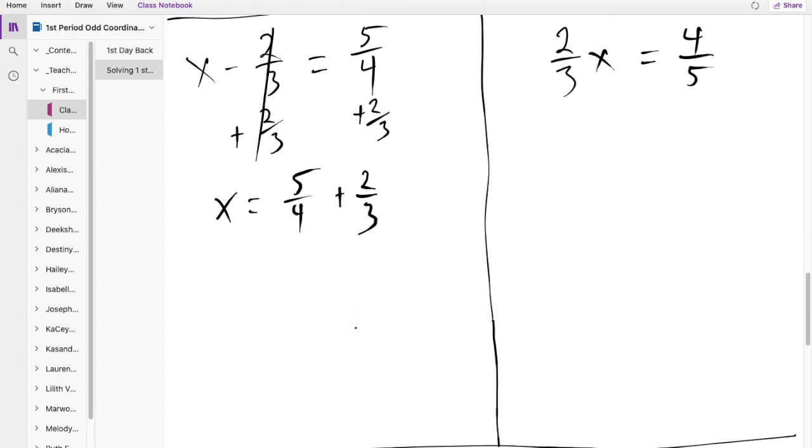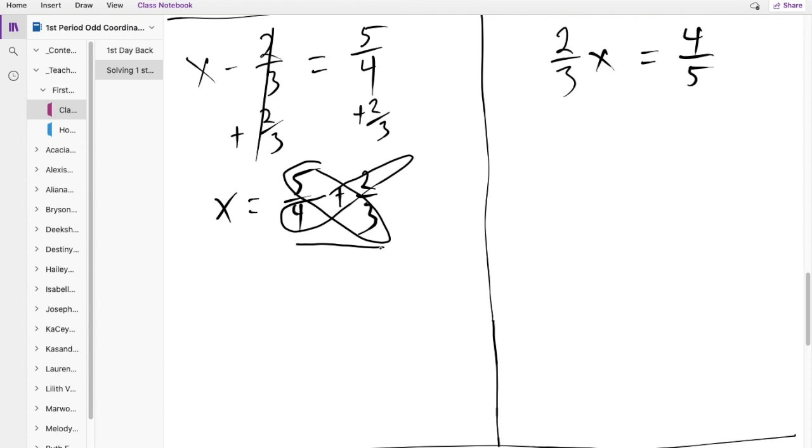Some of you probably know the butterfly method. What the butterfly method basically does is tell us that all I have to do is multiply the opposite numerator with the opposite denominator, and same with the other side, and my new denominator is just going to be the two denominators multiplied together.